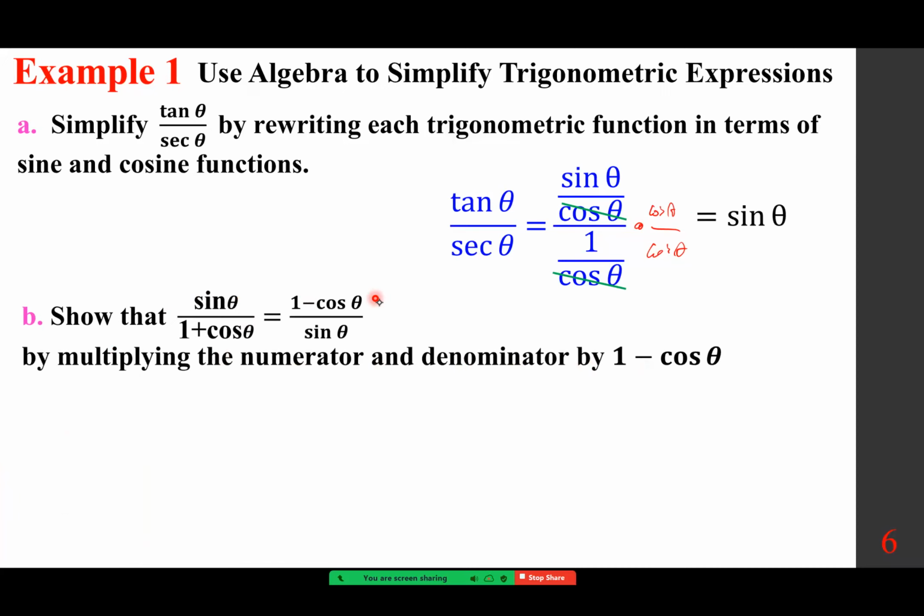The other technique that is not used as often, but you can use it: two fractions are equal if their cross product is equal. So even if they didn't tell you that and you had no idea, because this is the technique you're going to use, you could do that. Let me quickly follow this methodology. We start with the left hand side.